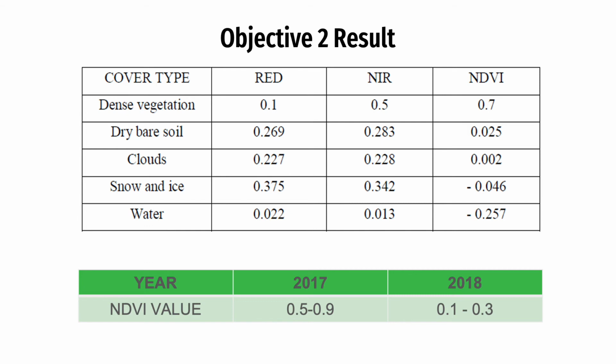In this project, the result of NDVI value for 2017 ranges from 0.5 to 0.9, and for 2018 ranges from 0.1 to 0.3. So it could be seen here that this NDVI value has been decreasing from 2017 to 2018, even though it's only within a year.